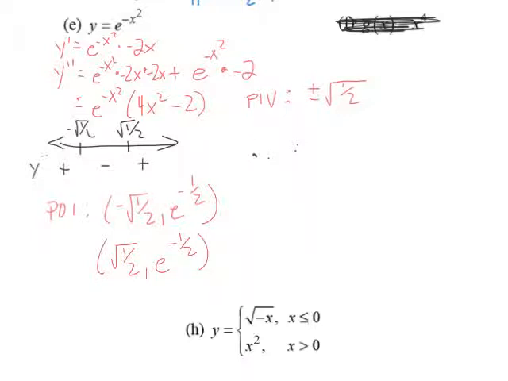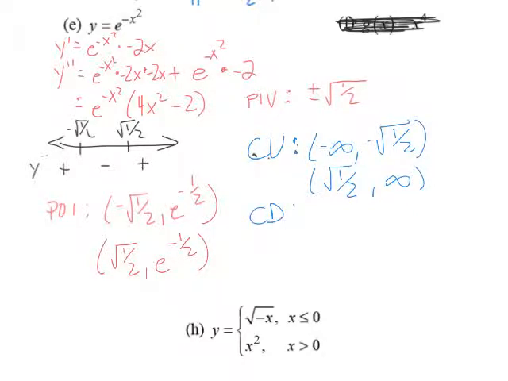Our concave up and concave down intervals are split at those points, so we're concave up from negative infinity to negative root 1/2, as well as root 1/2 to infinity, and we are concave down between those values, negative root 1/2 to positive root 1/2.